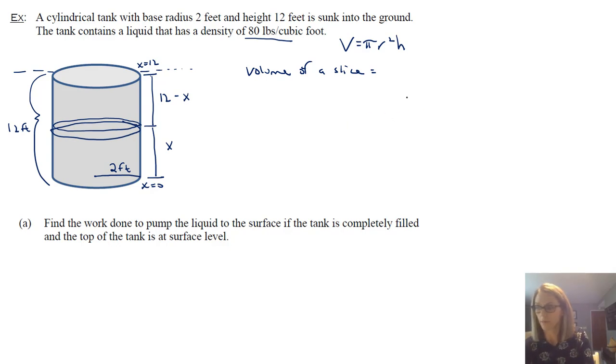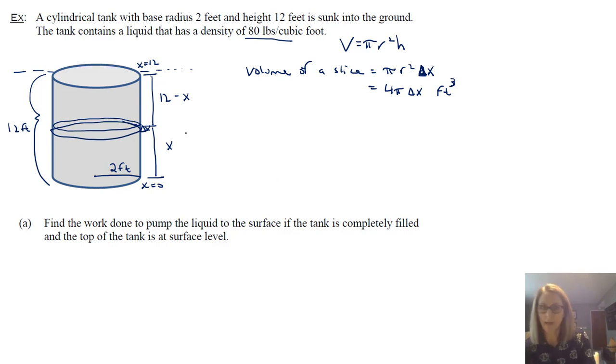So you want to think about the fact that the volume of it is still pi r squared h because it's still just a little cylinder, but the height in this case is the change delta x, because that's what this is right here. Delta x is its height because of the fact that we're using x as our variable. So what that means for us, knowing the radius of the cylinder that we have, is 4 pi times the change in x. And that unit is feet cubed because it's a volume.